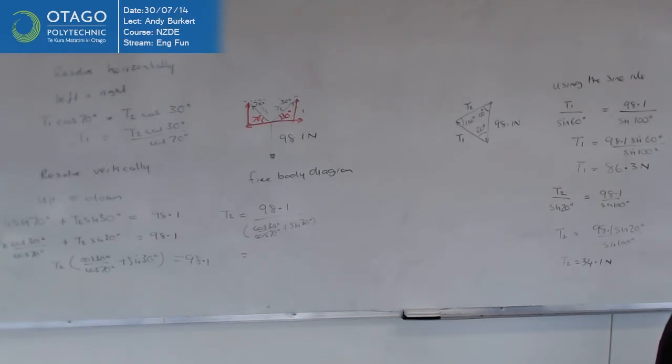T1 cos 70 equals T2 cos 30. That's right. So T1 is going to be T2 cos 30 over cos 70. Up equals down. We've got T1 sine 70 plus T2 sine 30 equals 98.1.